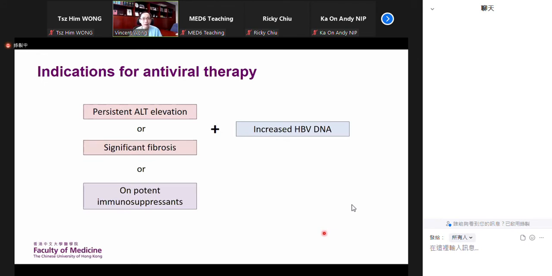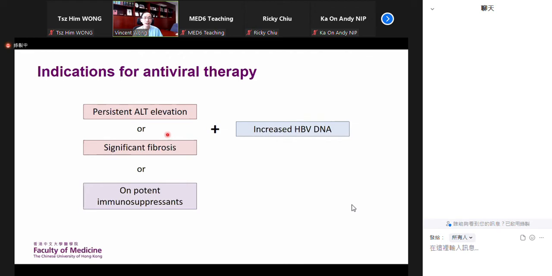This diagram summarizes the indications for antiviral therapy. There are 2 main indications for antiviral therapy. First would be when the patient has persistently elevated ALT level, indicating there is ongoing liver injury, inflammation, and you want to prevent further disease progression.